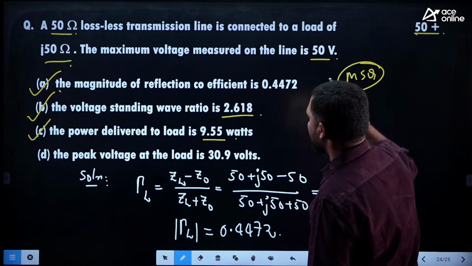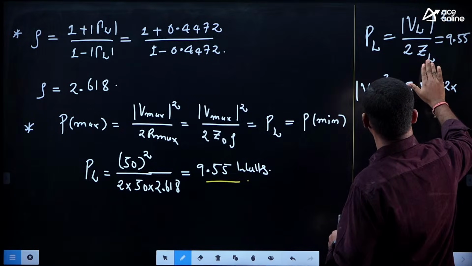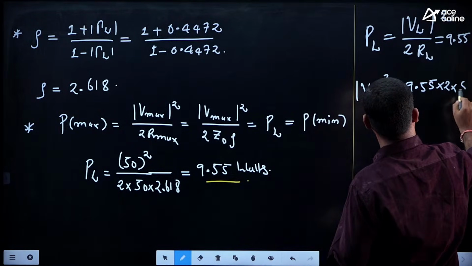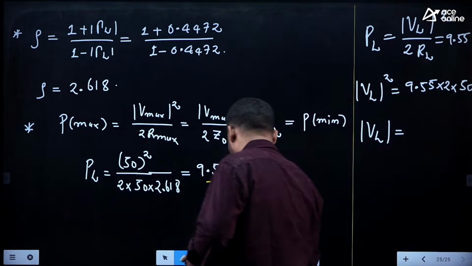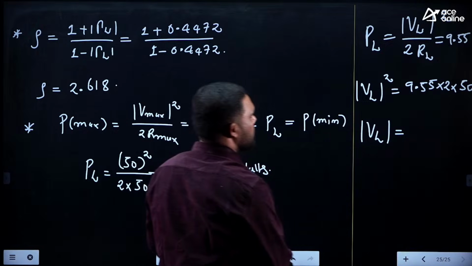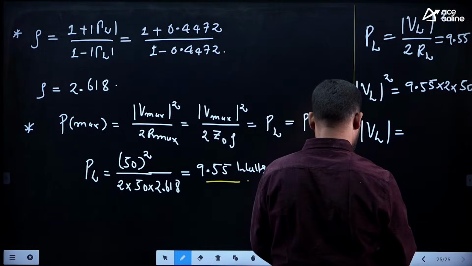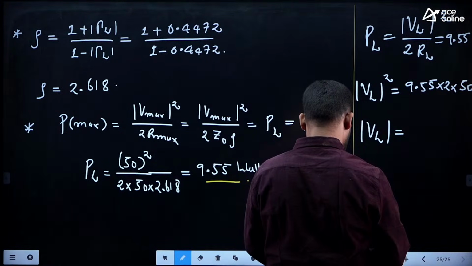Just take up this magnitude here. It is the RL here. That is the resistive power, isn't it? So this is RL here. We are talking about the resistive power only. So it is 50. So from here you can check out. Let me use my calculator here. So this is 9.55 into 2 into 50, square root of.